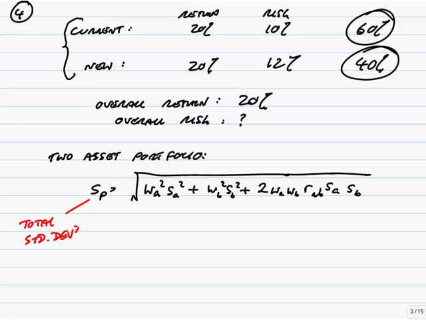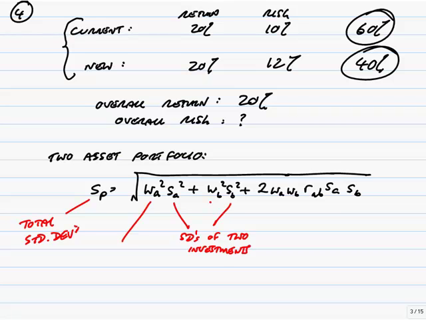We're mixing two investments together here, the current investment with the new investment. Well, SA and SB are the standard deviations of the two investments. Here one is 10%, one is 12%.